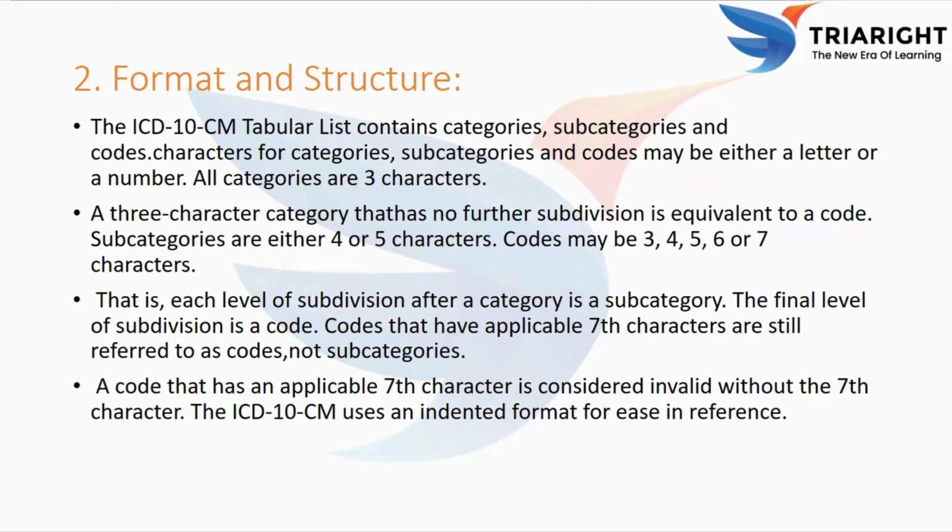For example, there is a code called S52.5, a fracture of the lower end of radius. It's incomplete, because they didn't give you the type of encounter. Maybe it's initial or subsequent or sequela. So to give a complete code, you have to add the seventh character to this code.